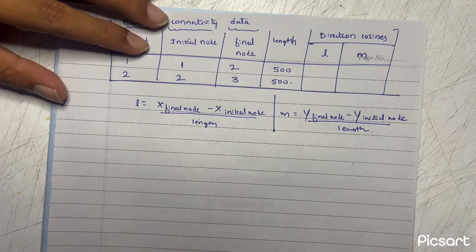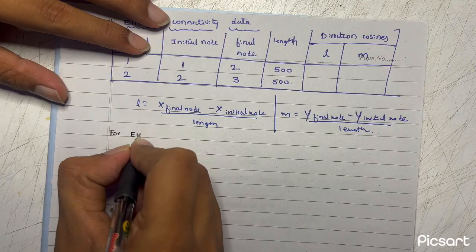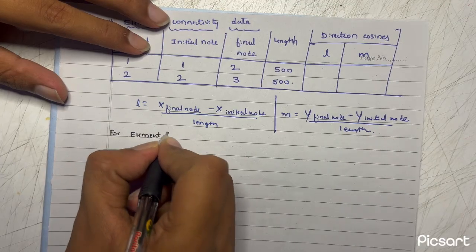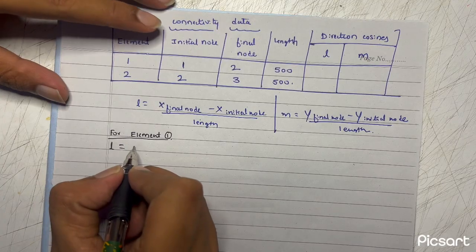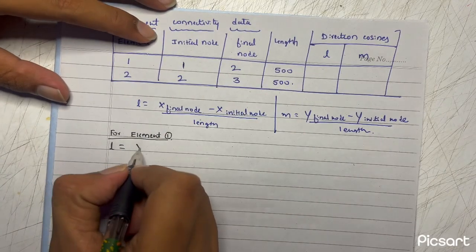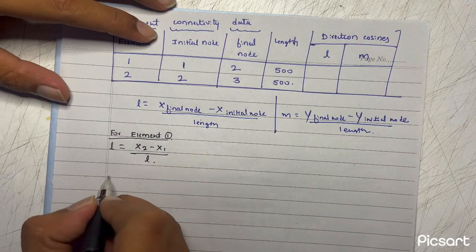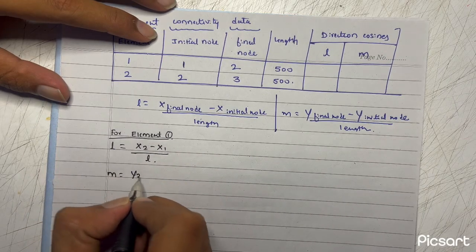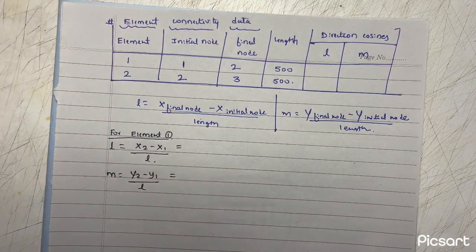So for element 1, L is, as the final node is 2, x2 minus x1 by L. Similarly, M is y2 minus y1 by L. We'll substitute the values.